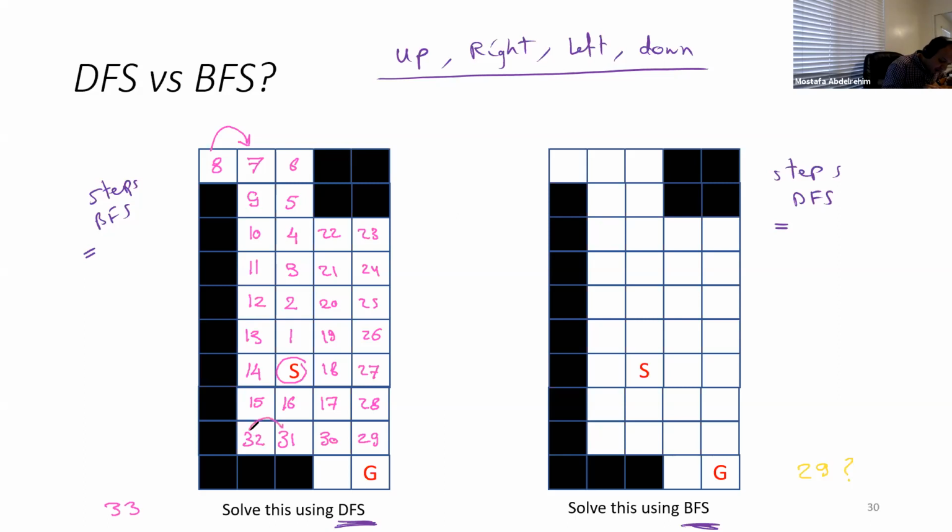Go back to the parent. This was the parent. No other possibilities. Go back to the parent. This is the parent. So 33. Not explored. 34. Chris got 34. That's good. Okay, this was wrong. But it's very close, you know, that's fine.